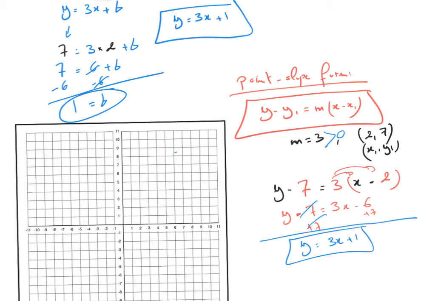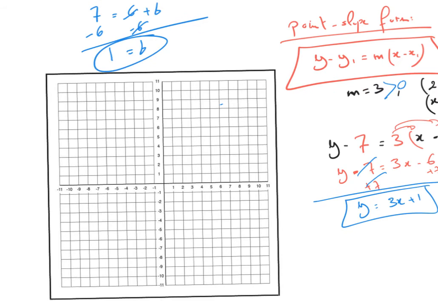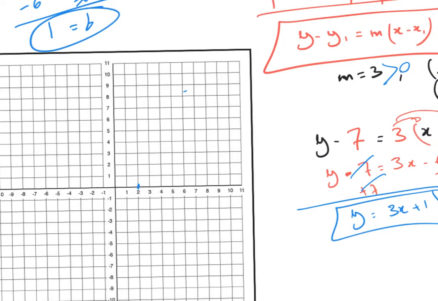Let's start with the point, 2 and 7. So when x equals 2, y equals 7, and this is going to be my starting point.